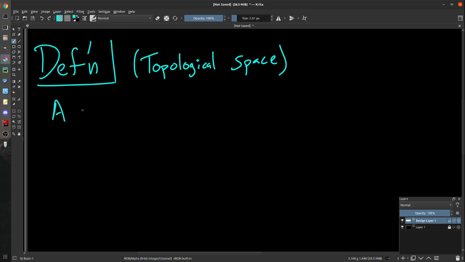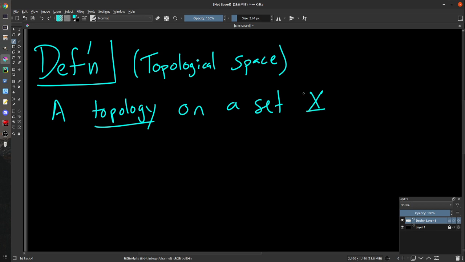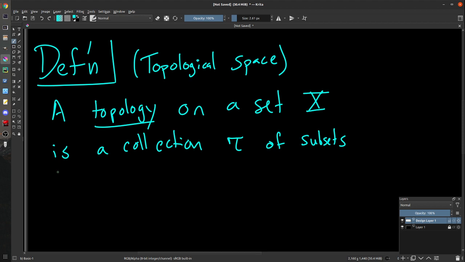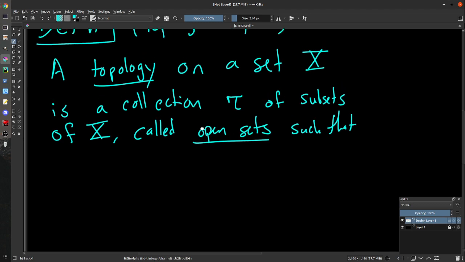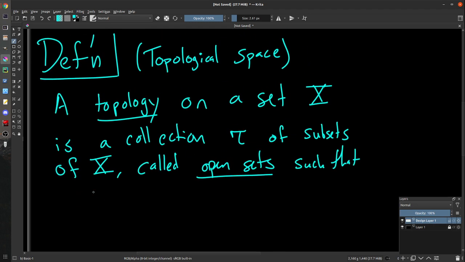So a topology on a set, and I'll call this set capital X, is a collection tau of subsets of X. We'll call them open sets, such that there are three things.